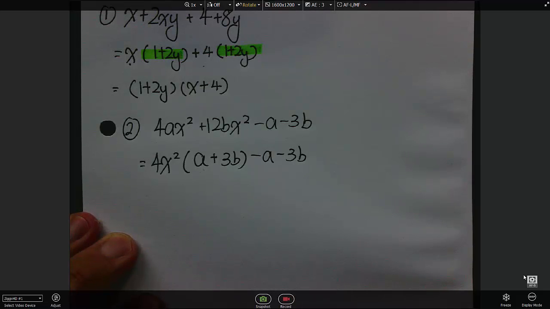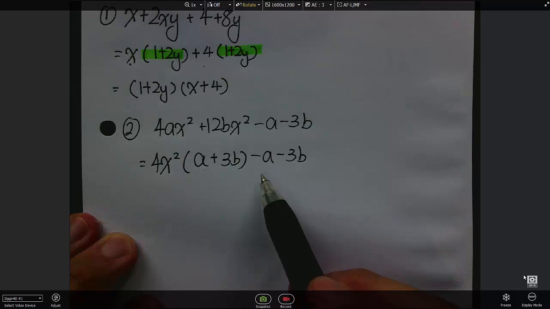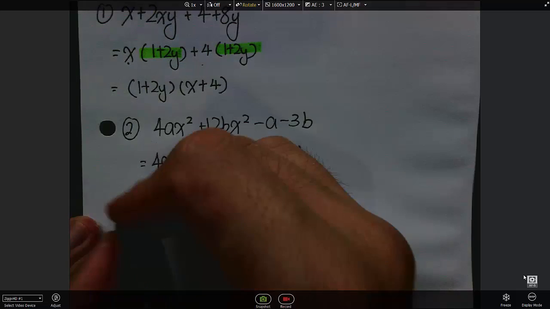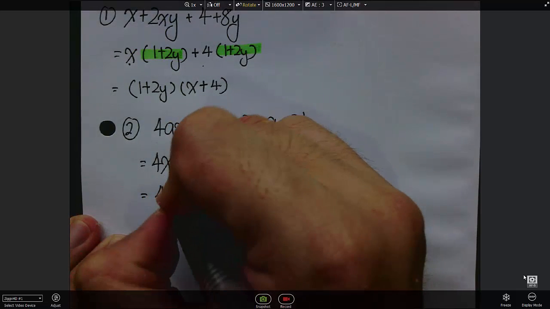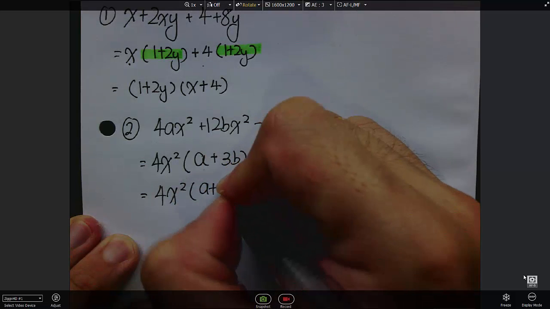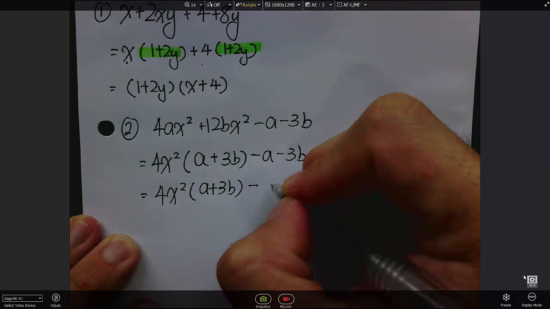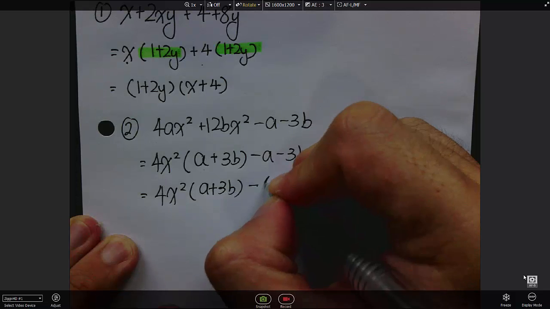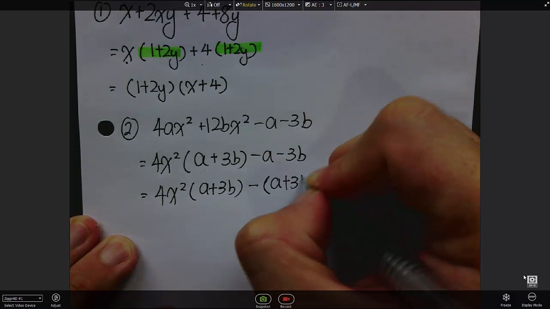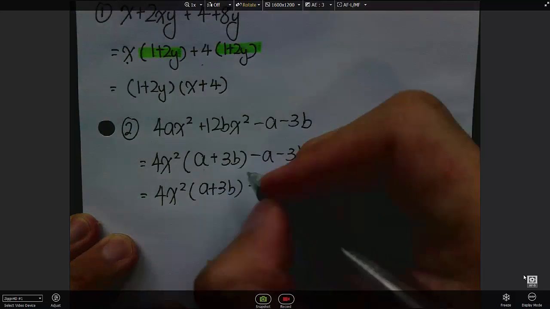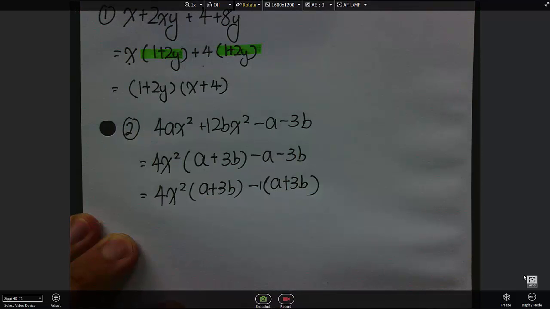Now you notice that we have a plus 3b, but down here is minus a minus 3b. So what I can do is factorize negative 1 from negative a minus 3b. I am left with minus 1 times a plus 3b. If you want to write the 1 here, it's up to you, but I'd rather not write it.